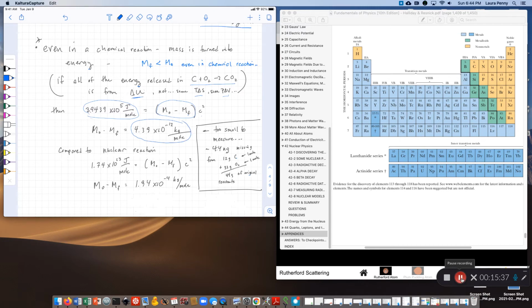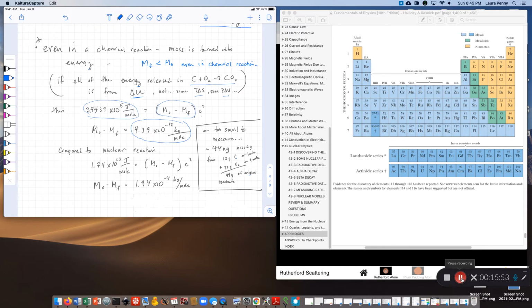If I divide that by c² and figure out how much mass I have to lose per mole, I'd only be losing something on the order of 10 to the negative 12 kilograms per mole. And that's just too small to measure.